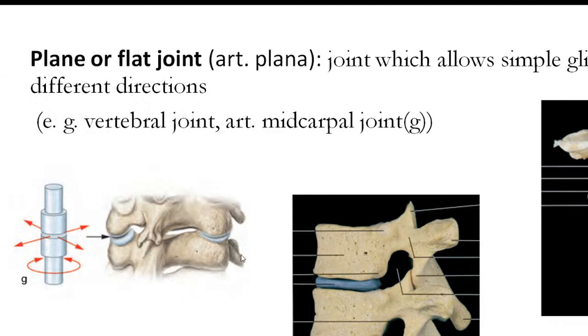For example, vertebral joints, the midcarpal joint, the atlantoaxial joint, lateral, and intervertebral joints. Next, some planes: sagittal, frontal, and rotated.